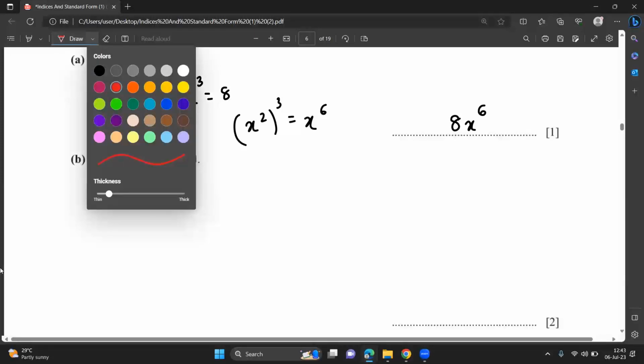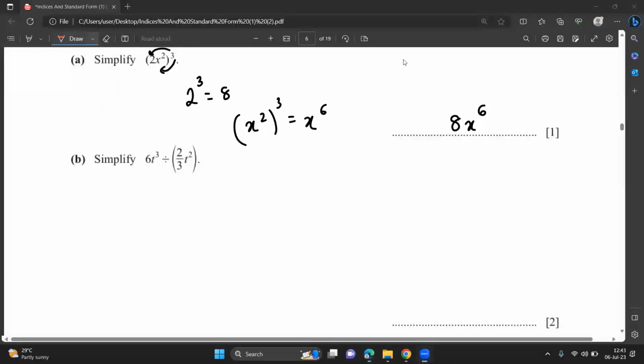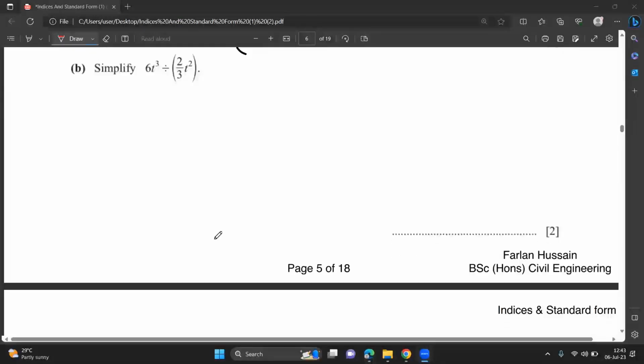Done. Okay, guys, whenever we have a division, I would first expect you to not do the reciprocal because we have a t square within brackets. Does this t square belong to the numerator or the denominator?